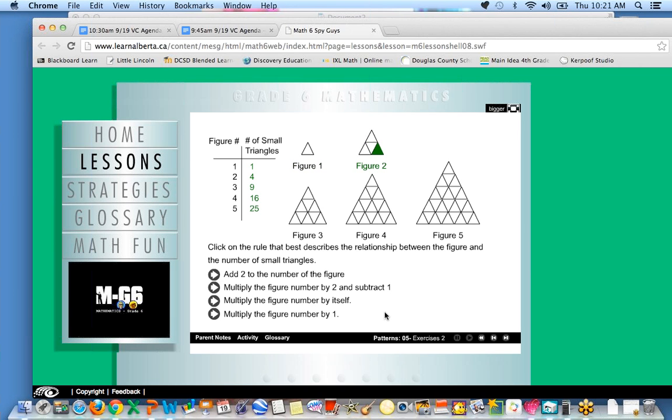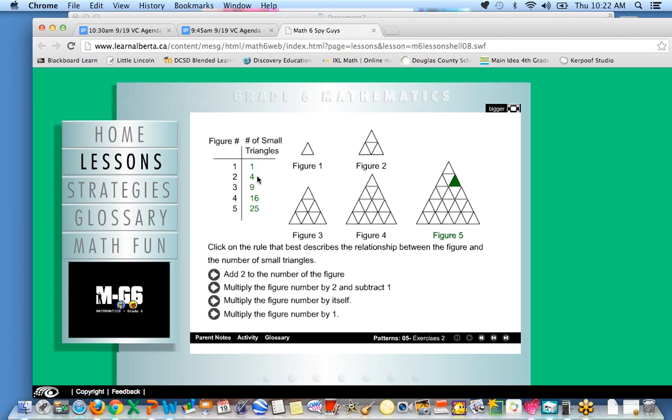All right. Click on the rule that best describes the pattern. Okay, so now it's a little bit more complicated here. We have to go through all of these different choices that they give us. So let's just look at the figure. We have figure number 1, figure number 2, figure number 3, figure number 4, and figure number 5. Well, in figure number 1, there's 1 triangle.